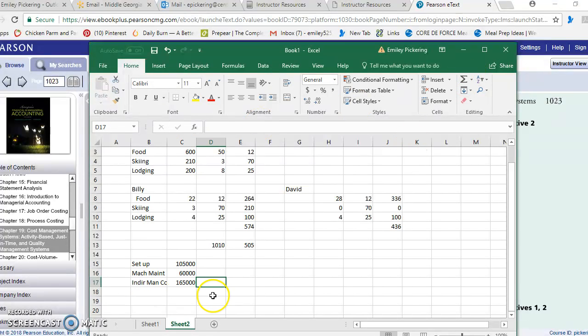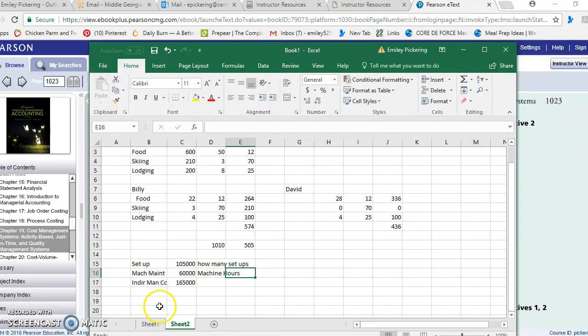So 165,000 is going to be our total. For the setups, the way we're going to allocate this is how many setups we have. And for machine maintenance, it's going to be the total number of machine hours.